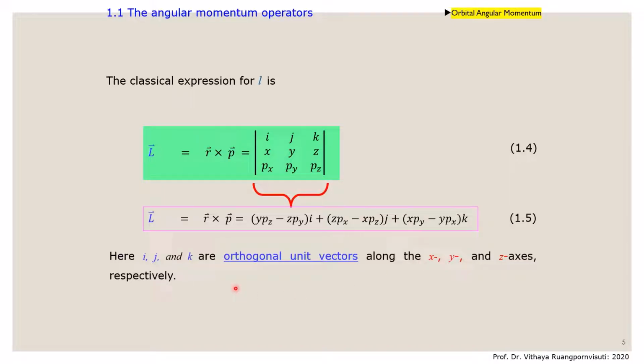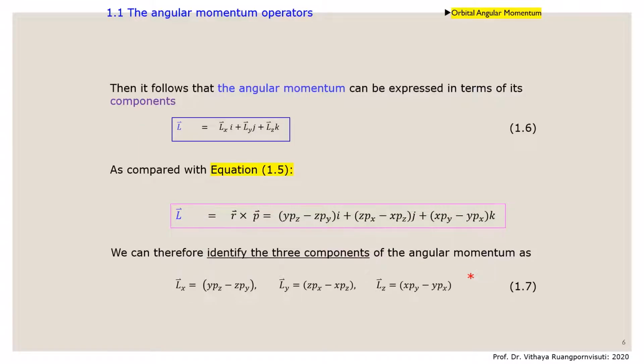where i, j, and k are orthogonal unit vectors along the x, y, z axes respectively. Forming a similar equation of position r and momentum p in terms of their components, it follows that the angular momentum can be expressed in terms of its components as shown in equation 1.6.